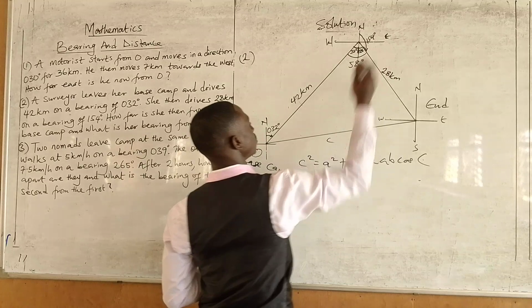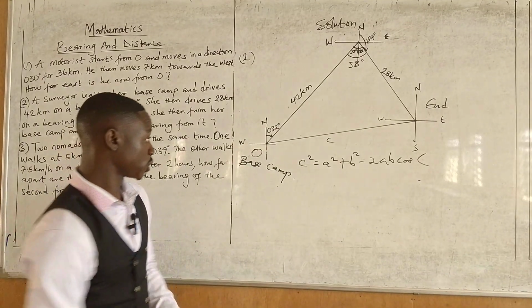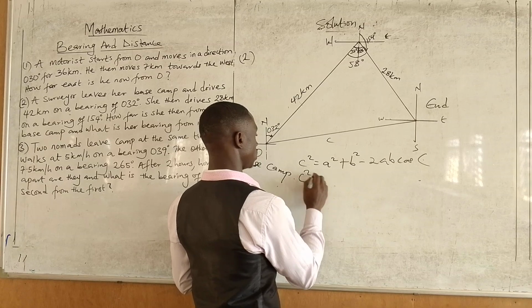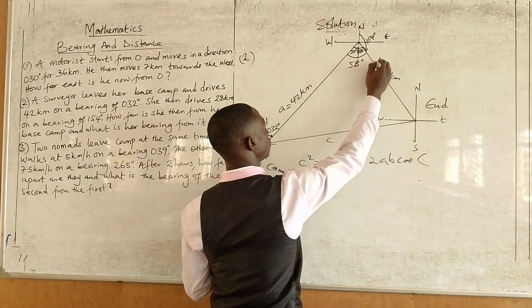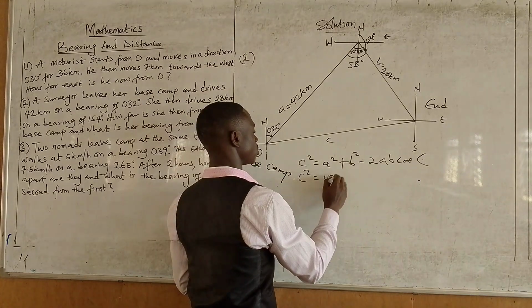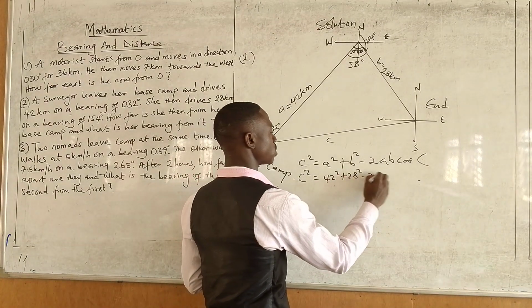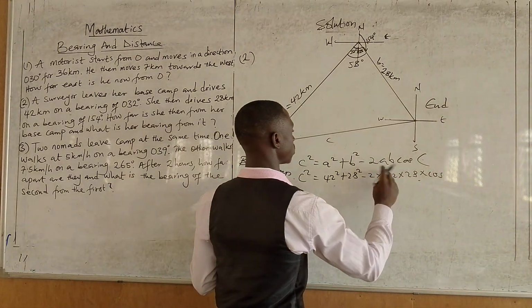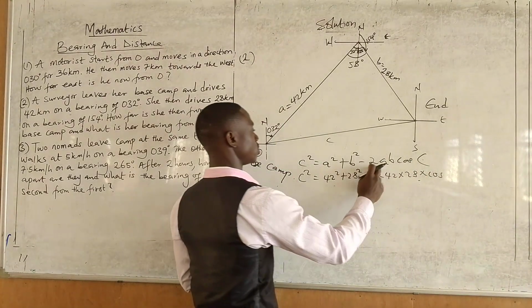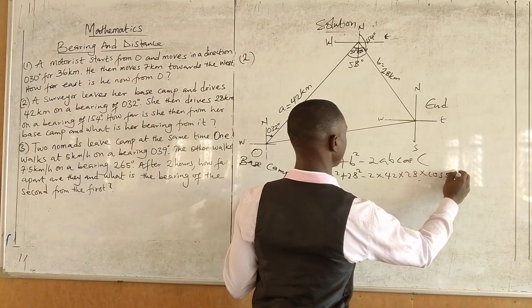So the whole of this angle is 58 degrees. So we can make use of that now. So we have c squared equal to, what is a? Call this one a and call this one b. So that's 42 squared plus 28 squared minus 2 times 42 times 28, then times cos, because all this means multiply 2 times a times b times cos C, cos 58 degrees.